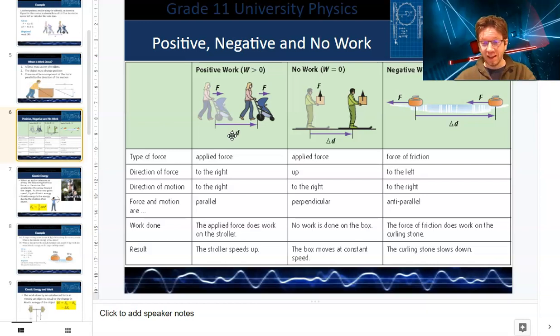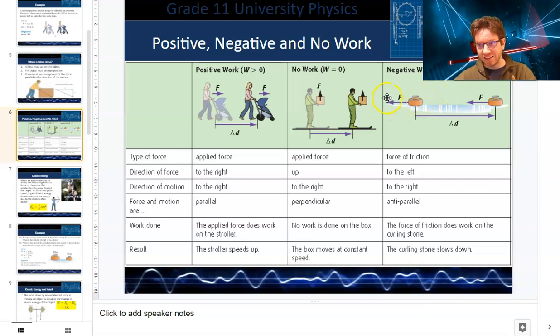Okay, and I should specify that any force can do work. So in this case, there probably is a small frictional force being pushed backwards on the stroller. So what does frictional force do? If we look at this last situation here, we have a stone, so we're curling, right?